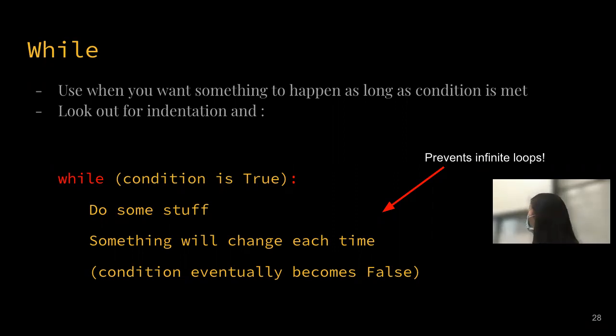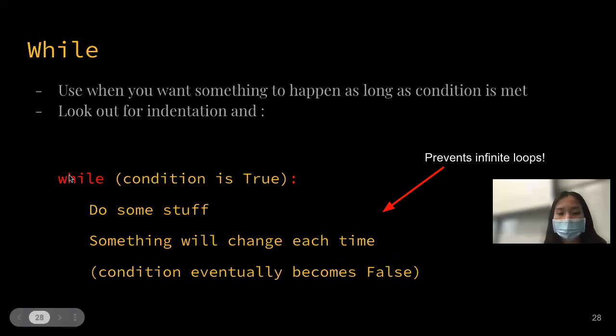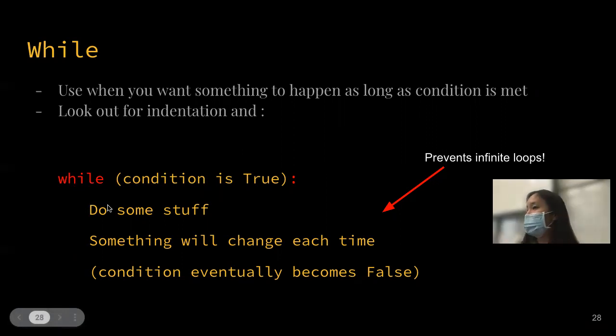It's also important to note that this is just some pseudocode to tell you the structure, but notice that everything we have under the while loop is indented by one tab. That's how the computer knows that this is the chunk of code that I want to execute whenever I do a while loop.